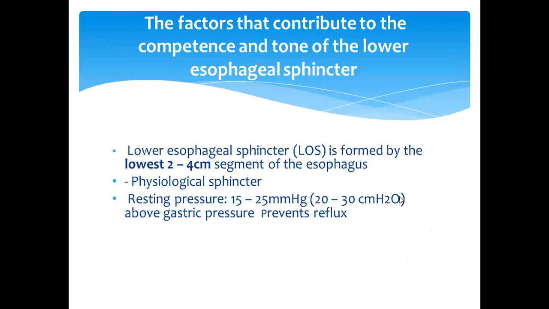There are some factors that contribute to the competence and tone of the lower esophageal sphincter. The lower esophageal sphincter is formed by the lowest 2 to 4 centimeters of the esophagus, as we already discussed. The lower esophageal sphincter is also called the physiological sphincter, and its resting pressure is about 15 to 25 mmHg.